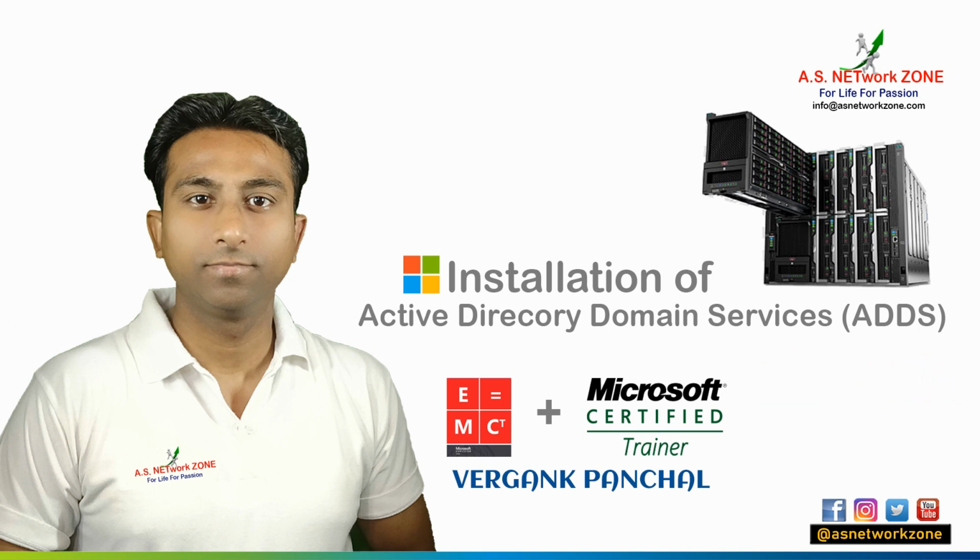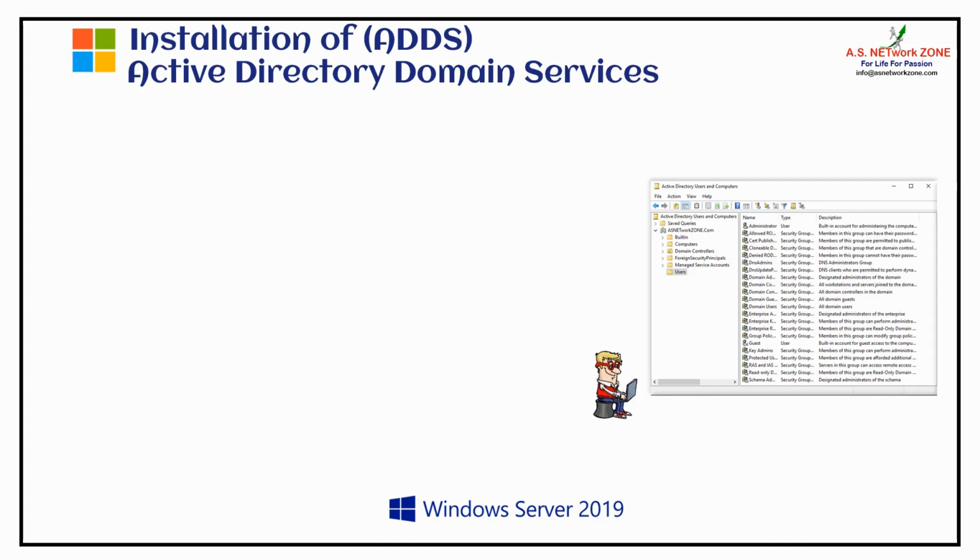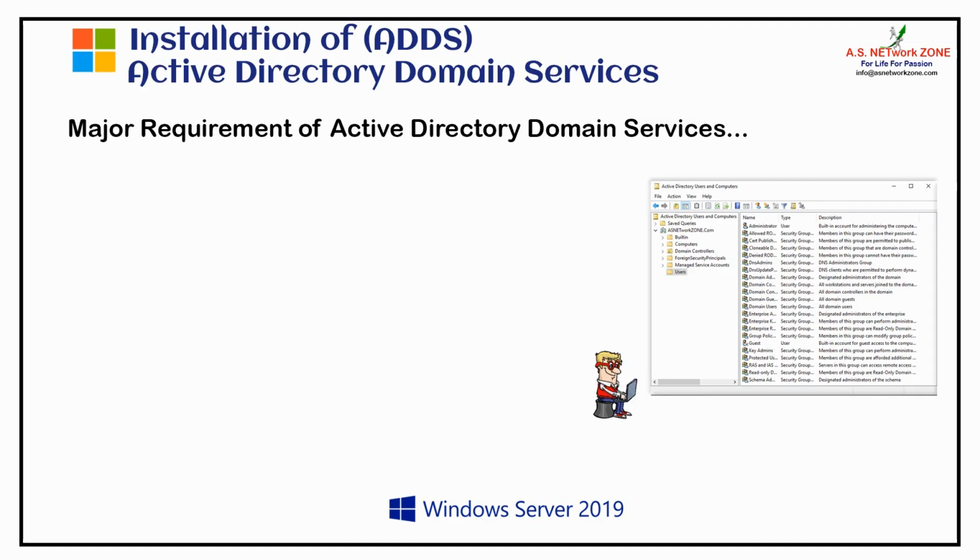Today, in this CBT, I am going to demonstrate how to install or deploy Active Directory Domain Services inside Microsoft Windows Server 2019. Before moving to the hands-on lab, let us check out the requirements so that without fail we can use a domain environment. The major requirements of Active Directory Domain Services are the following.